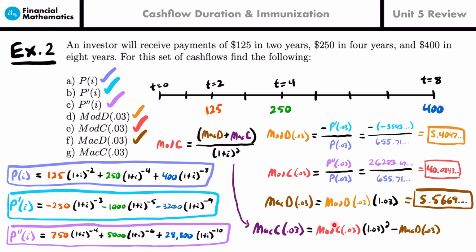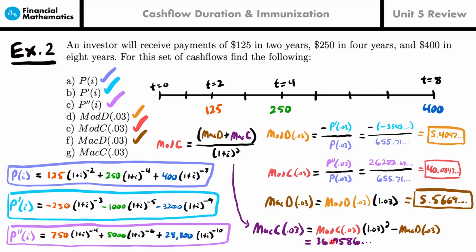So if you take the modified convexity of about 40.0843, multiply it by 1.03 squared, and subtract the Macaulay duration, which is about 5.5669, you should get that the Macaulay convexity is equal to about 36.9586 and some more decimals. Okay, sorry that I had to write that so small.